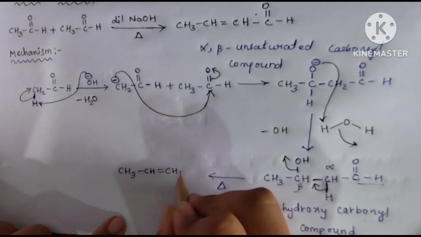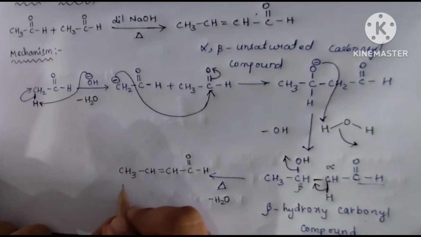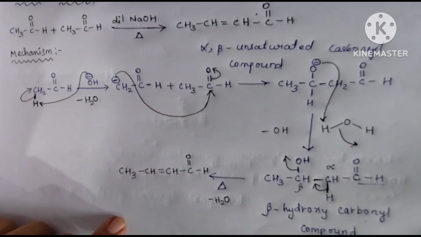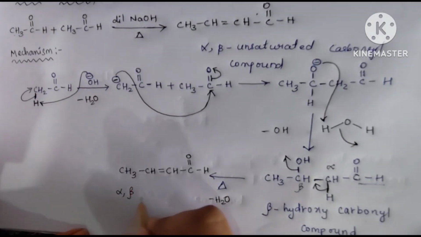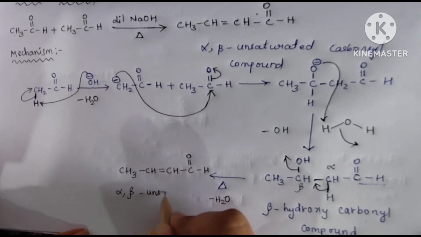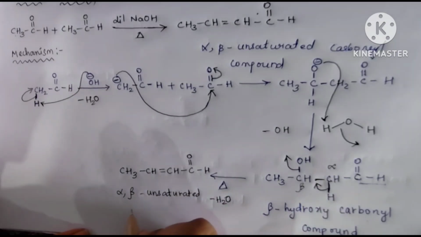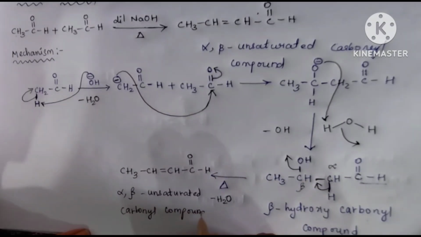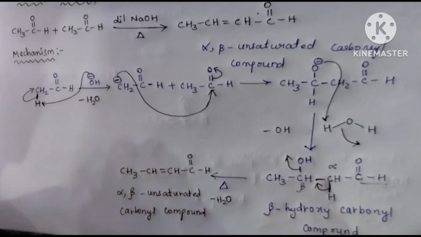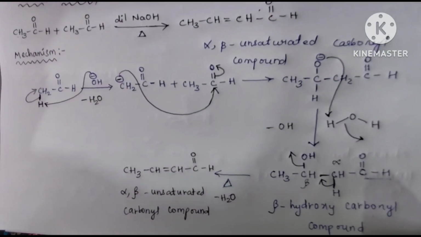This is called an alpha beta unsaturated carbonyl compound. Why is it unsaturated? Because it has a double bond.